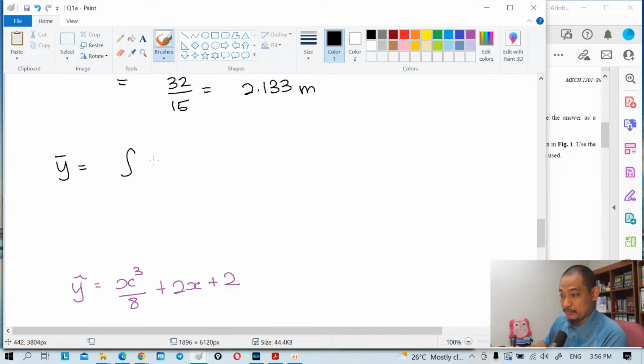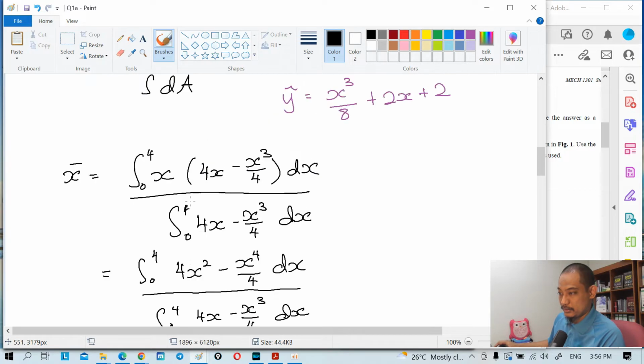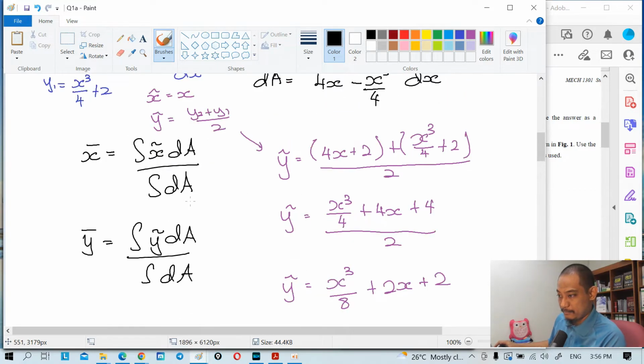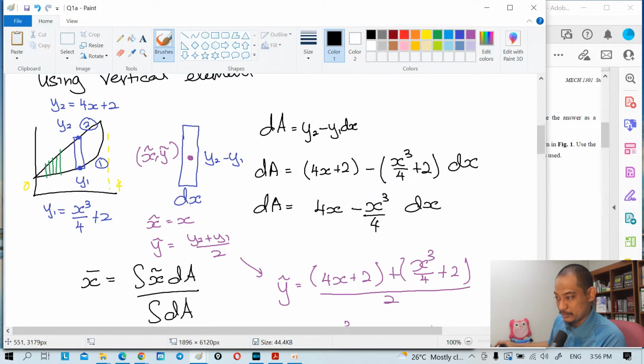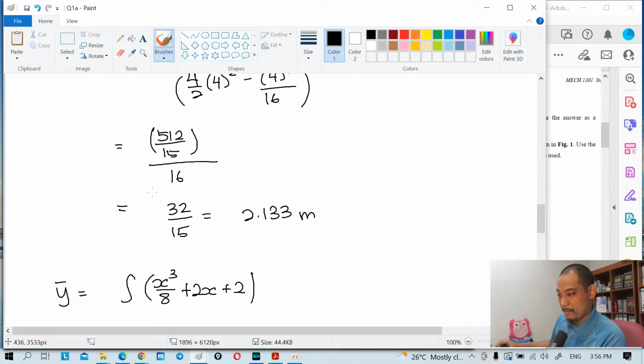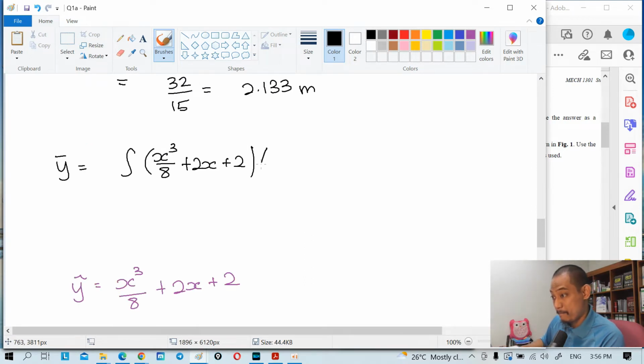So it will be Y width, meaning x cubed over 8 plus 2x plus 2, times A, which is 4x minus x cubed over 4, dx.